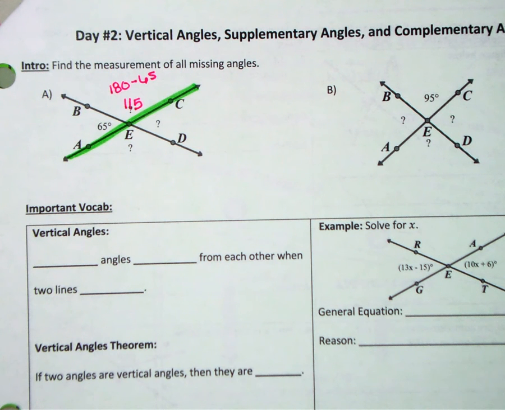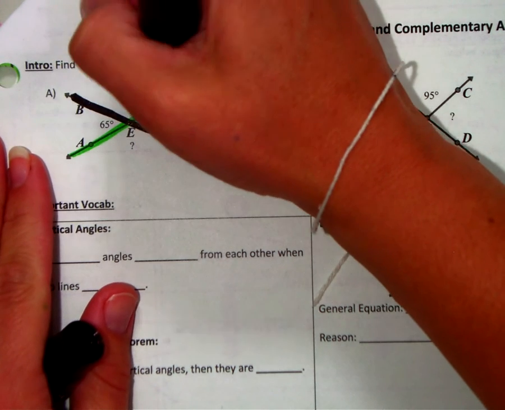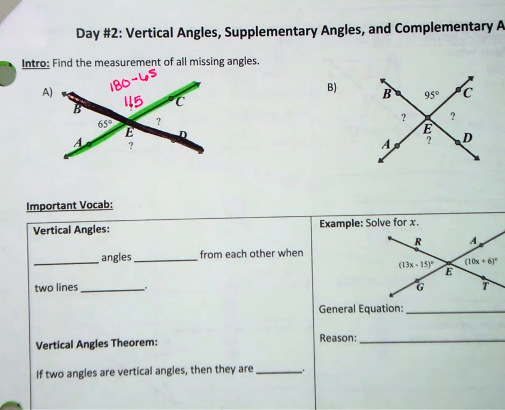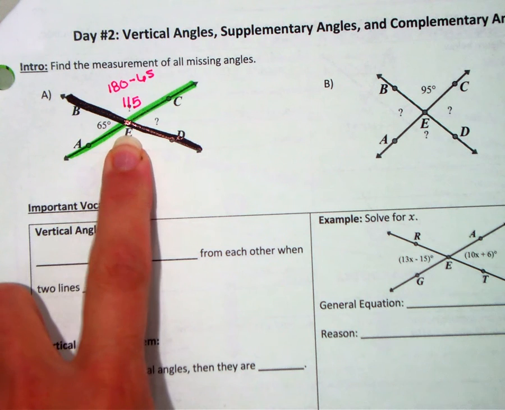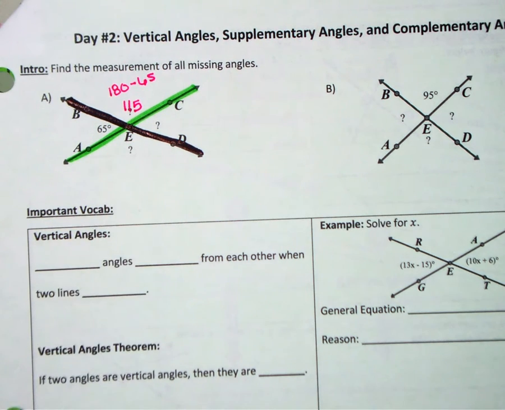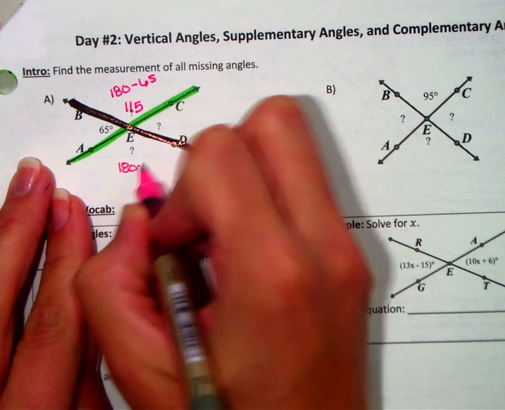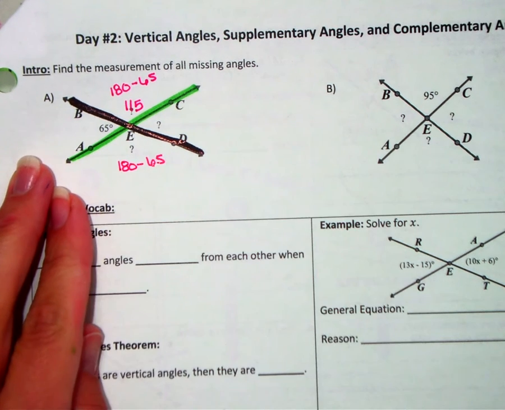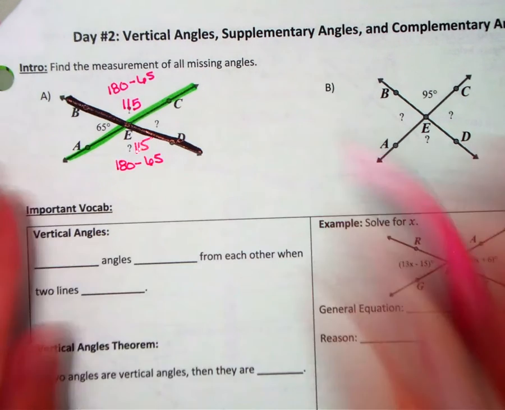Well, if you look at the paper the other way, maybe I didn't draw that straight line. Maybe I drew the straight line here. And 65 plus this angle is also a straight line, which is also 180 degrees. So over here, I would also be doing 180 minus 65, which is also 115.